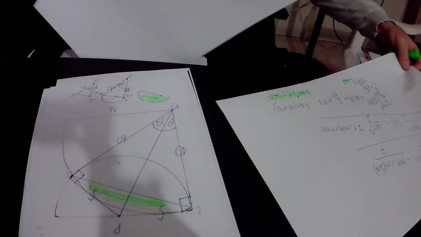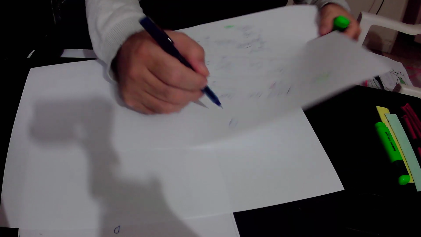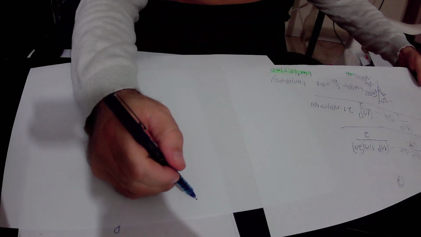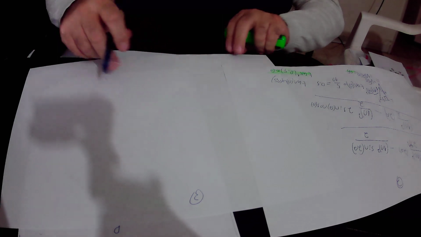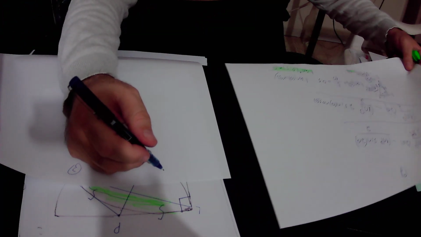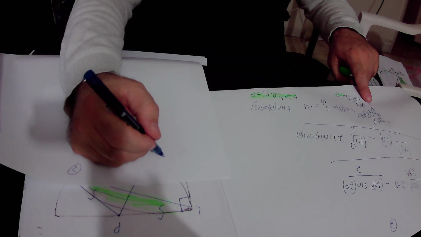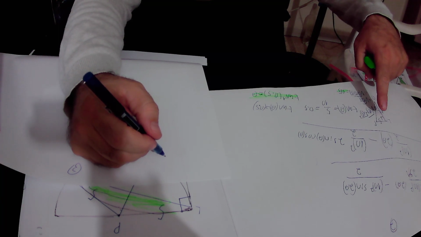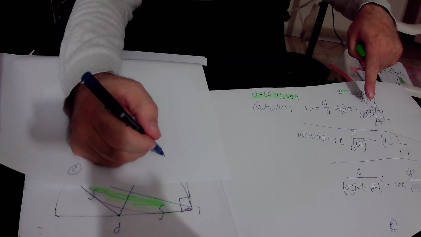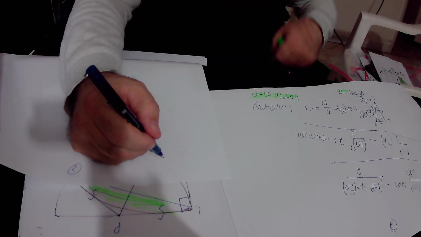From the drawing you can see that the value of sine theta is 5 over the hypotenuse, that is 5 over square root of 5.